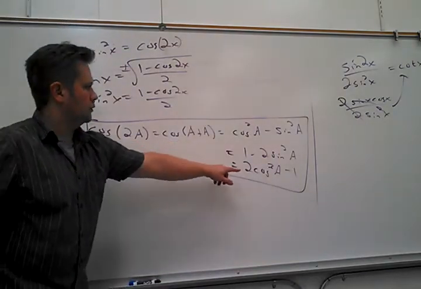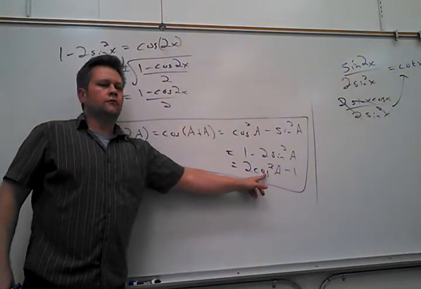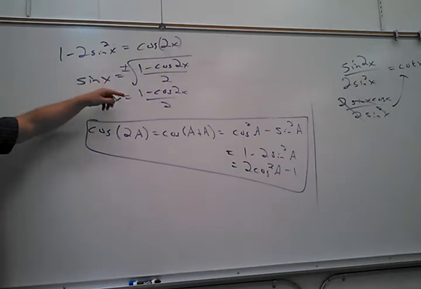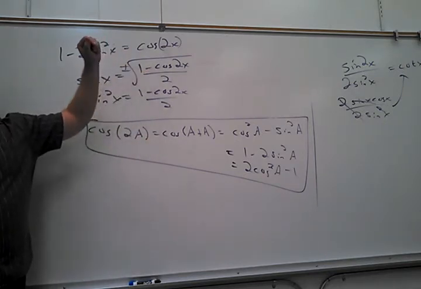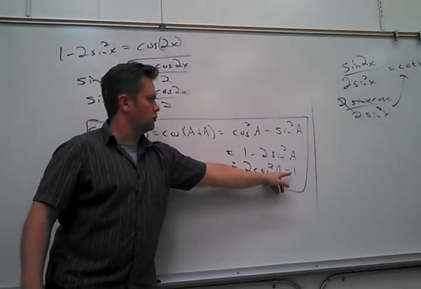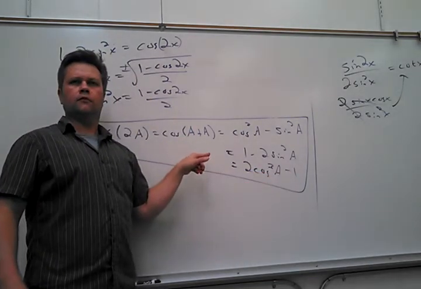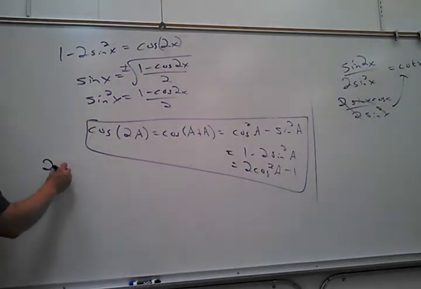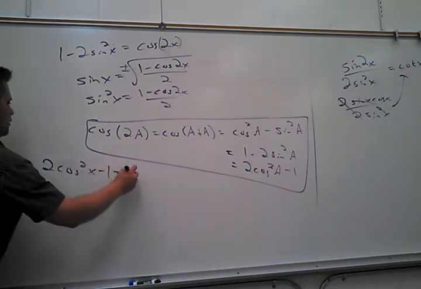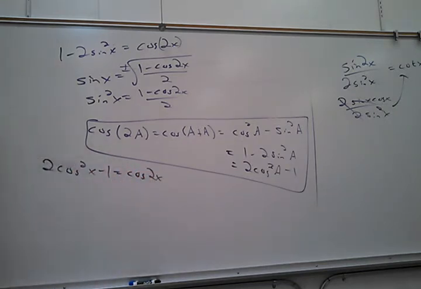You can do the same thing here with cosine. Cosine will be basically the same formula, except it'll be a plus here, because this is cosine squared minus 1. Here, you guys take a second and solve this. Just solve that for cosine squared. It's 2 steps.